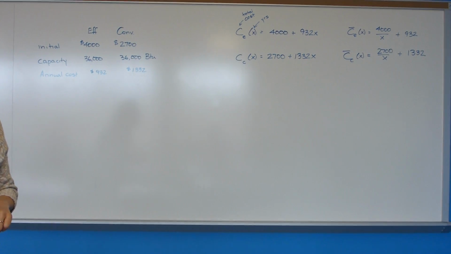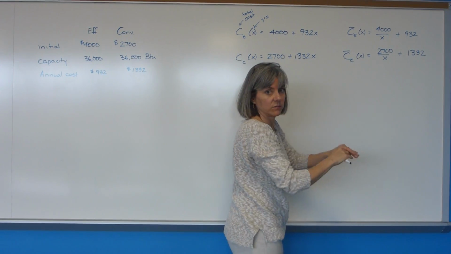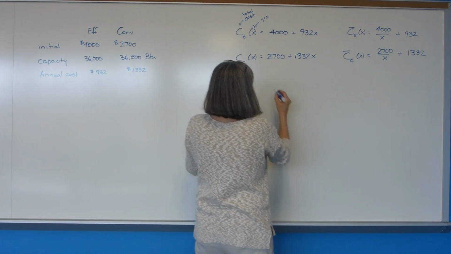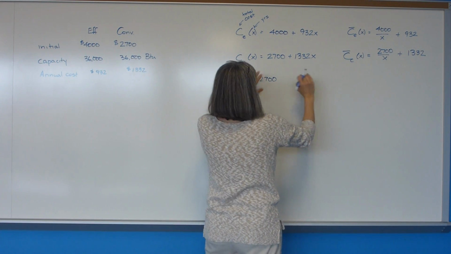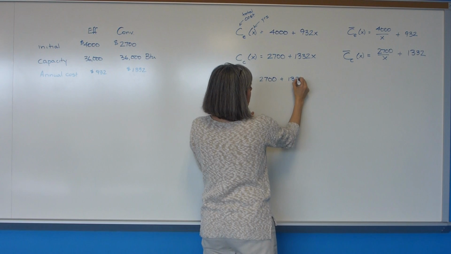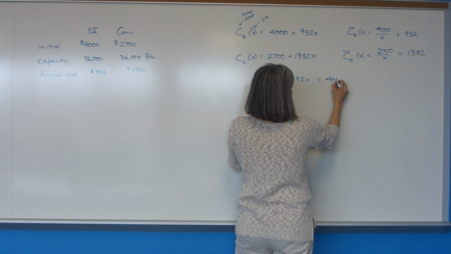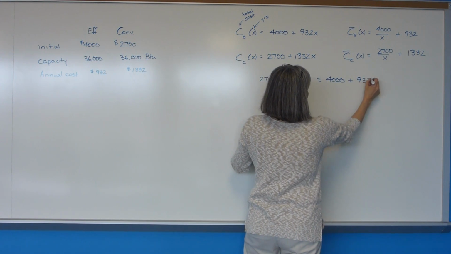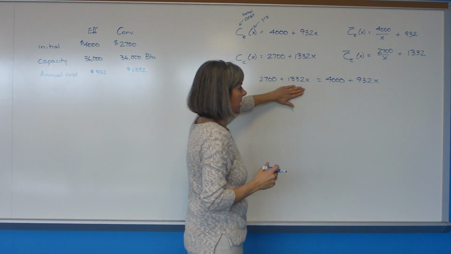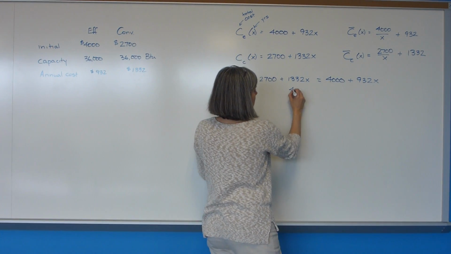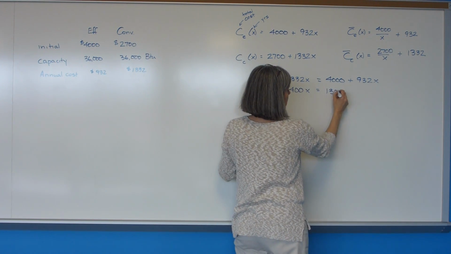So are the total costs ever the same? Does this ever equal that? Well, let's set it equal and find out. So 2,700 plus 1,332X, the total cost, let's set it equal to this one, 4,000 plus 932X. So now we need to solve for X. I'm going to subtract this to this side because I'll get positive numbers, so 400X. 4,000 minus 2,700 is 1,300.